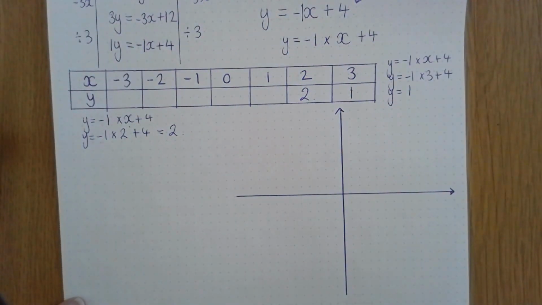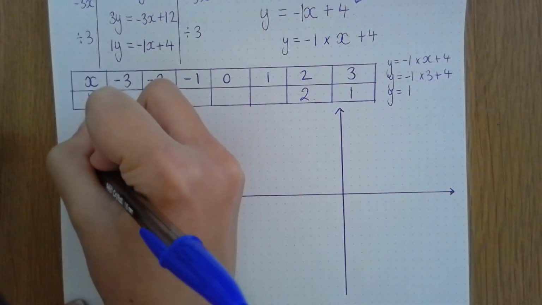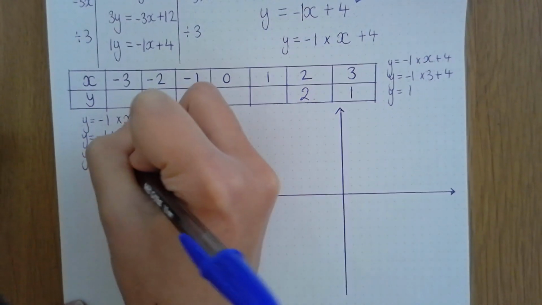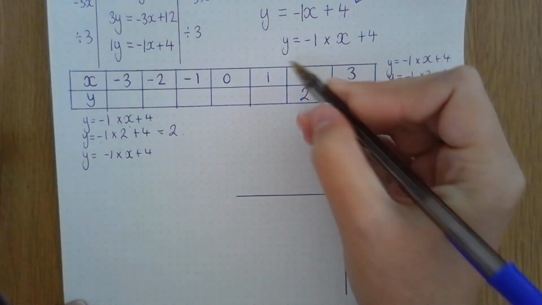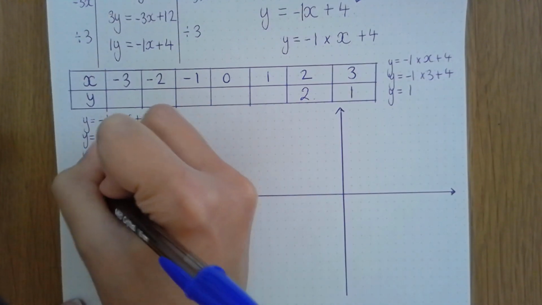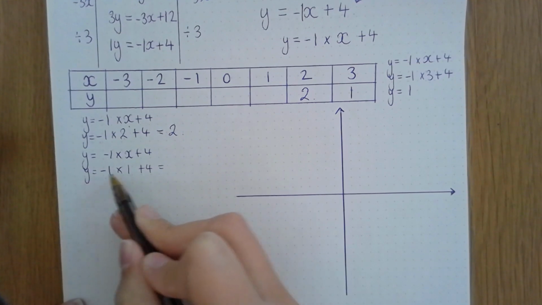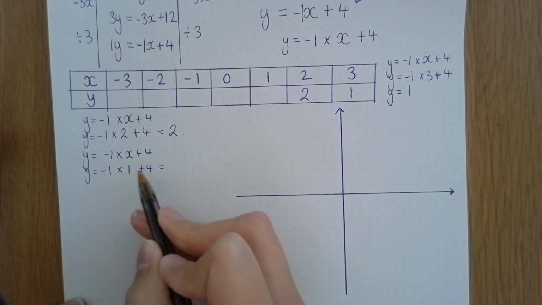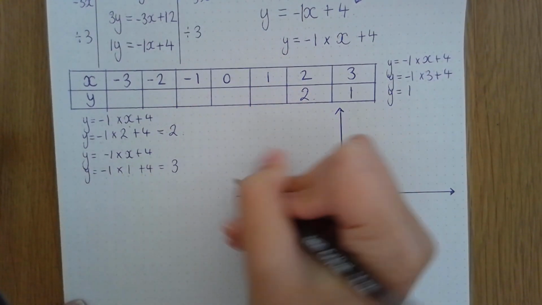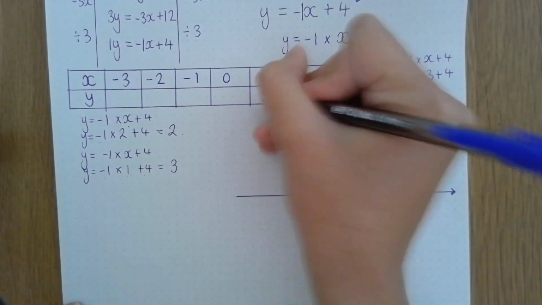So I'm going to put that in that box. Next is y equals negative 1 times x plus 4. Now we're going to use x is 1. So we've got negative 1 times 1 plus 4. So negative 1 times 1 is negative 1, plus 4 is 3. So 3 goes in this box.